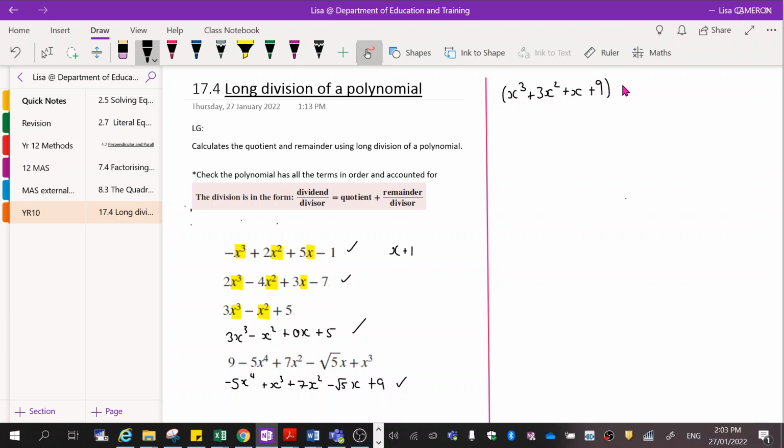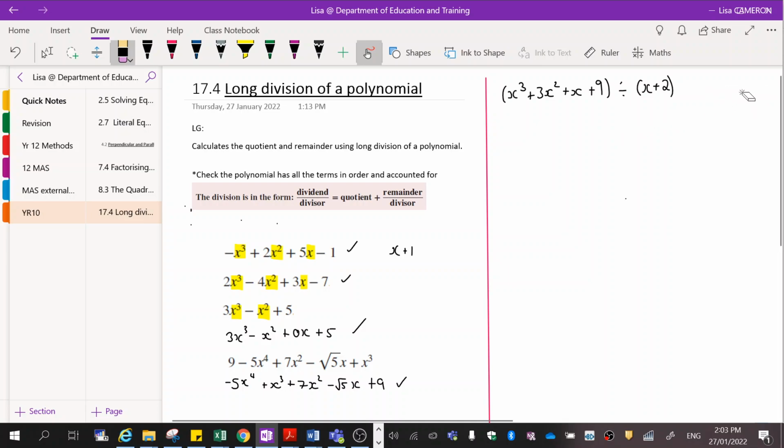So that's the first polynomial, and it's divided by the second polynomial, which will look like this. I could have also written it as this part here, or what we call the dividend over the divisor. So I could have had all of that on top over that.